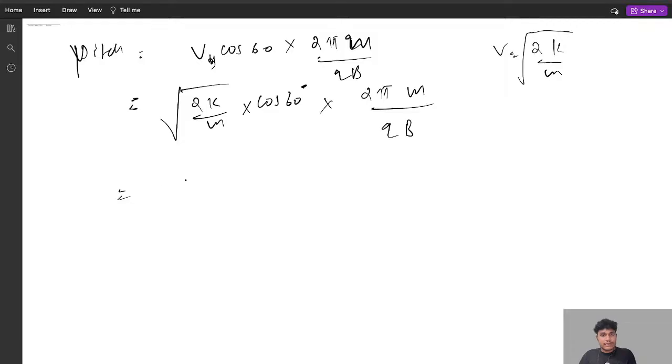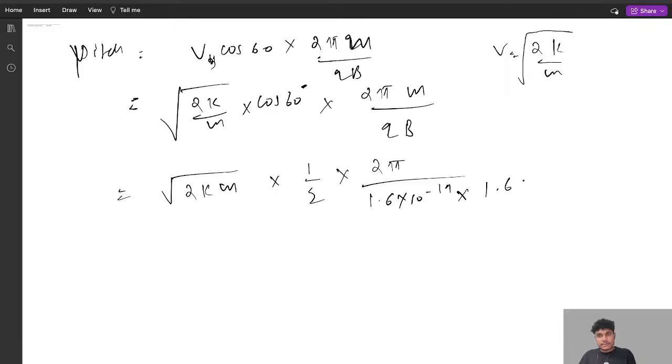From here we get, if you take this m inside the bracket, root of 2Km into cos 60, that is 1 by 2, into 2 pi upon q, that is 1.6 into 10 raised to power minus 19, and B, that is pi by 2 into 10 raised to power minus 3.